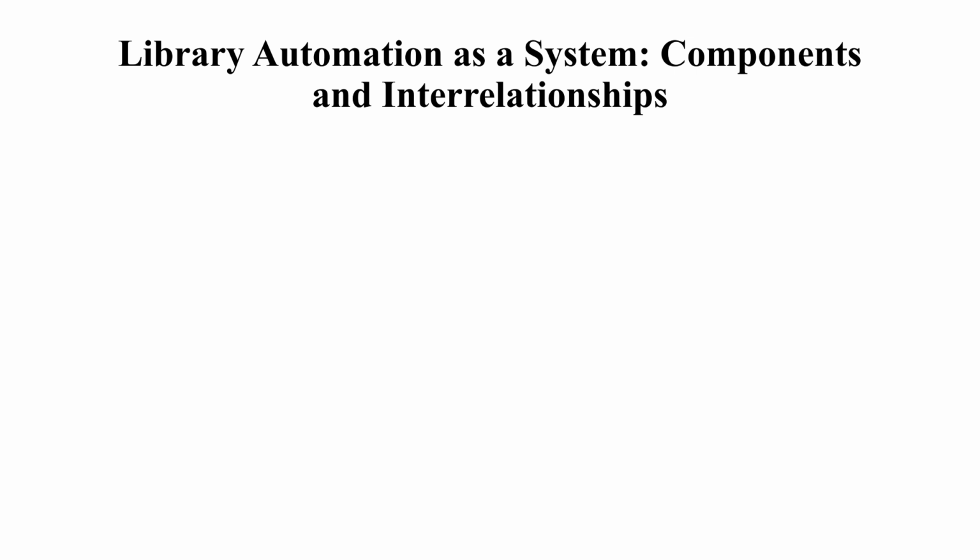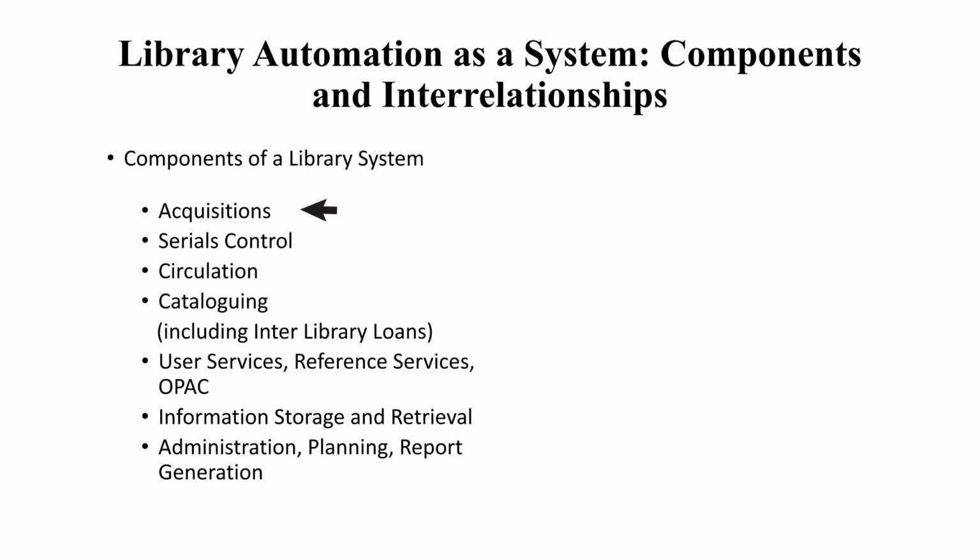Library automation as a system, its components and interrelationships. The library automation system has many components like acquisition system, serial control system, circulation system, cataloging system, user services, reference services, including OPAC, information storage and retrieval, administration, planning, report generation.